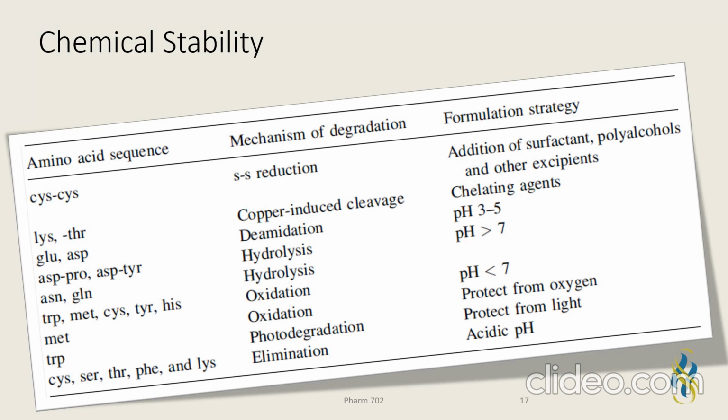The underlying mechanisms involve oxygen and reactive oxygen species which react with the protein or peptide. The reaction occurs with or without catalysts such as metal ions and it is pH dependent.